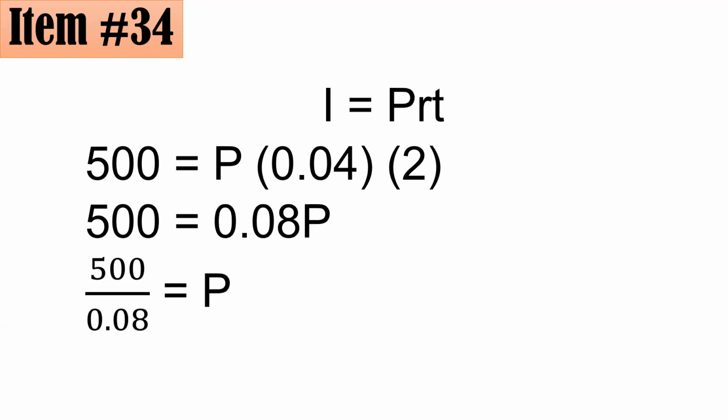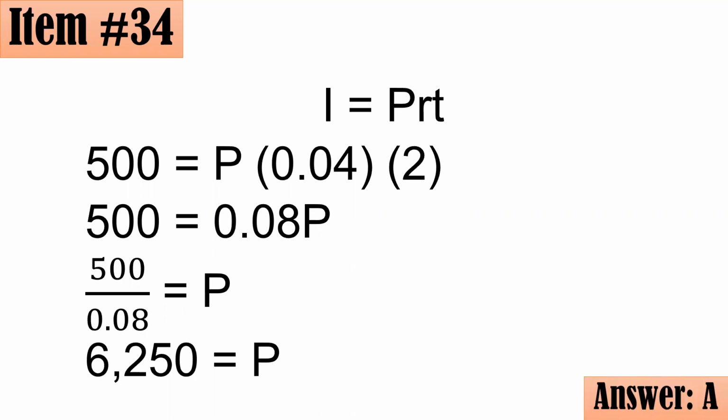And dividing both sides by 0.08 to get the value of p, then 500 divided by 0.08 is 6,250 pesos, letter A.